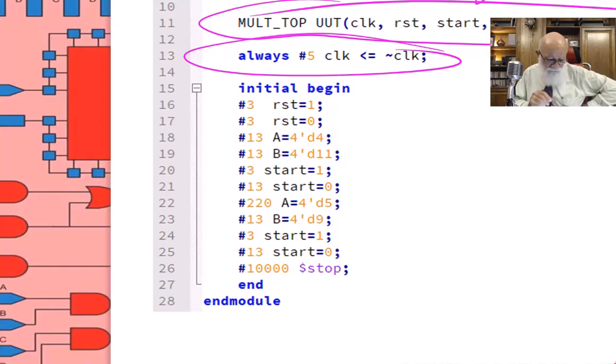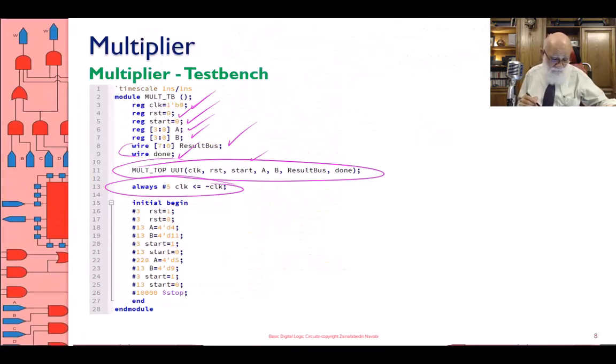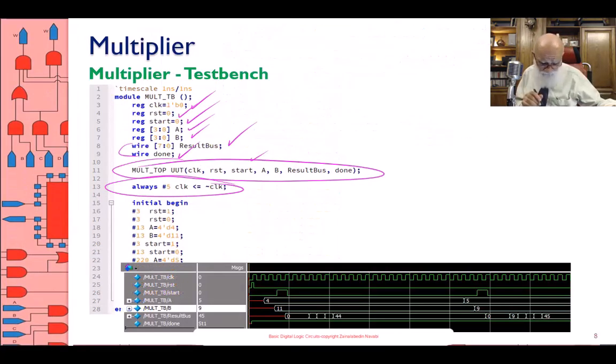Line 22, put some value on A, put some value on B, and then start the multiplication, and then 10,000 clock cycles later, you stop. And then you look at the waveform. This is the waveform. Look at some of the results. Fortunately, they work.